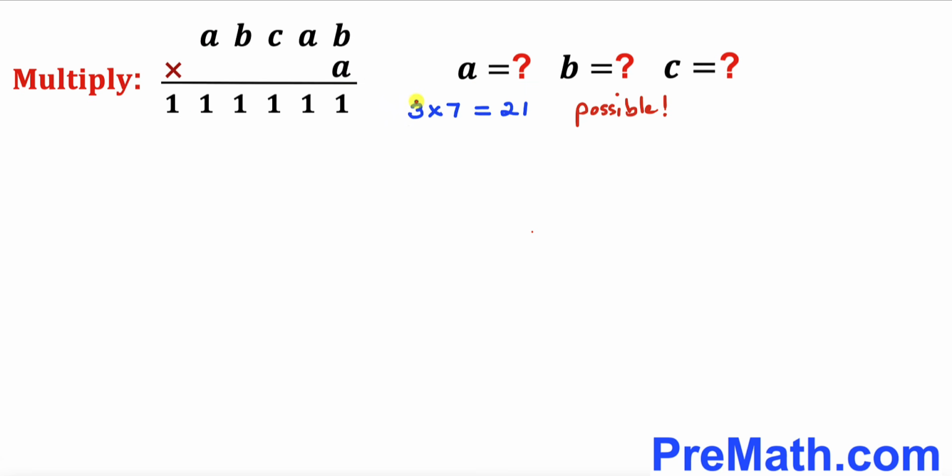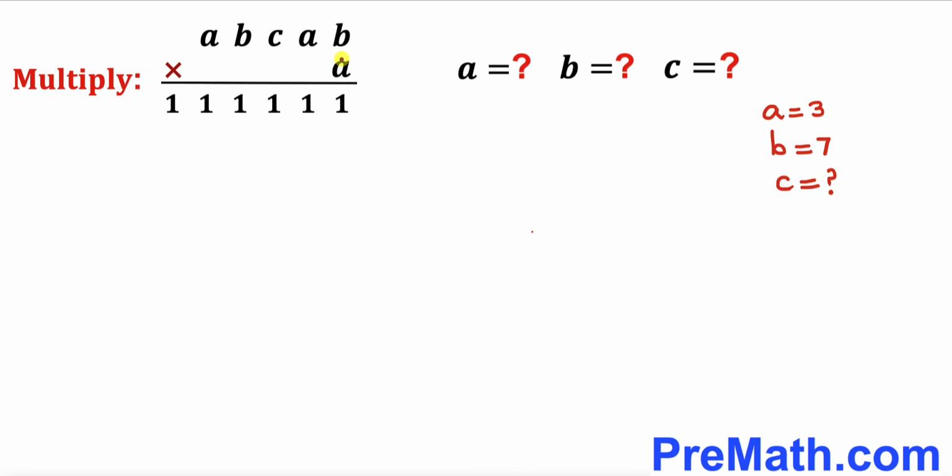Therefore we conclude that A is 3 and B is 7. Now our only task is to find the value of C.